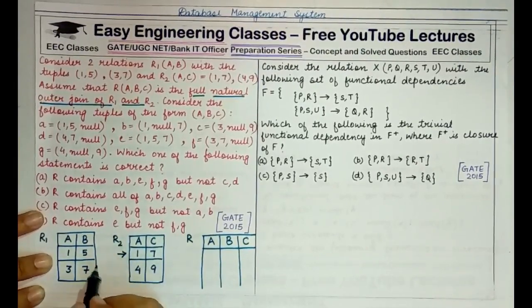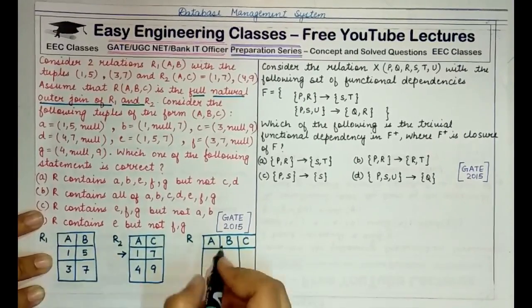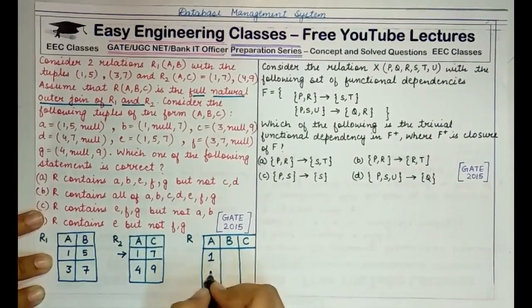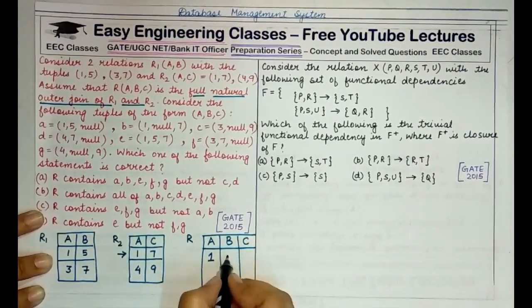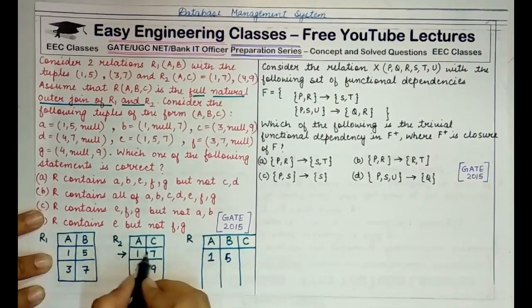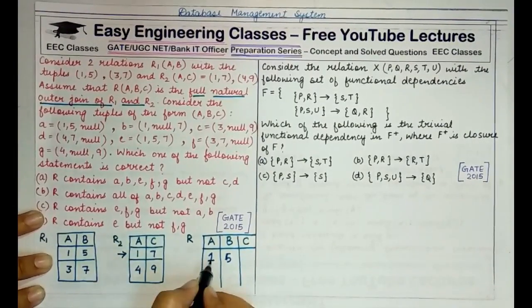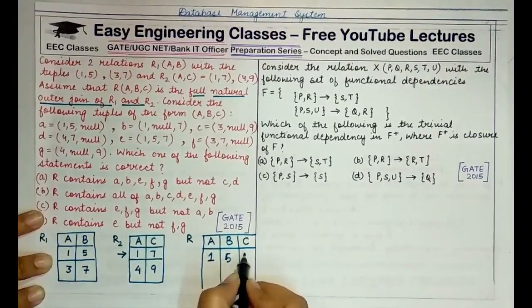So I pick up 1 and place it in A, I place the corresponding value 5 from column B of R1, and then corresponding to C, the value is 7 in R2, since it is present along with A as 1. I place it next to the values I have already written.